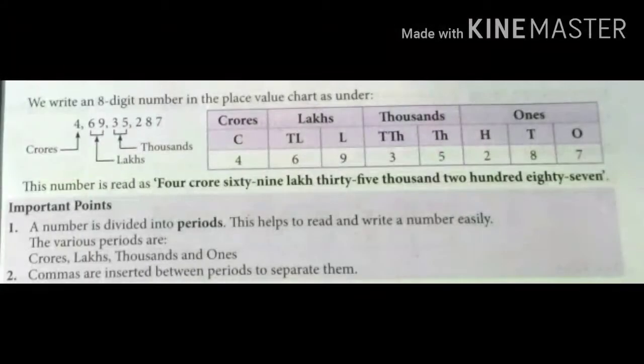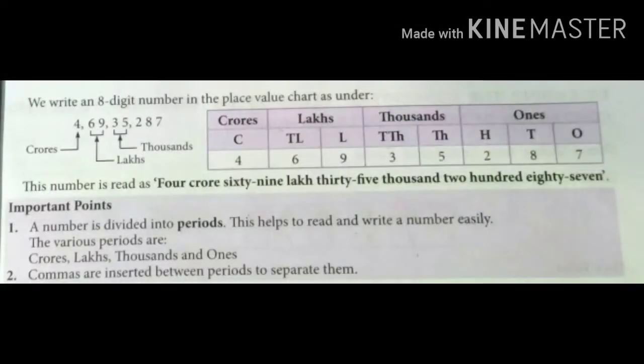Okay, then we see an important point. A number is divided into periods so that we can write or read numbers easily. That means crore, lakh, thousand and ones. It is helpful for reading. Now we start reading. Crore. In crore, one place means 4 crore.